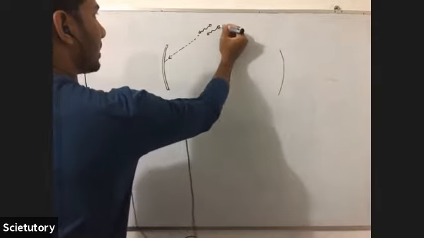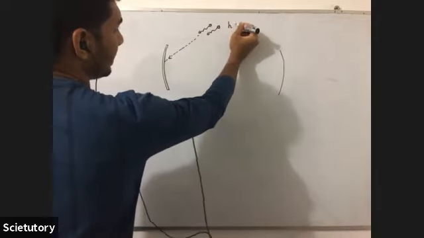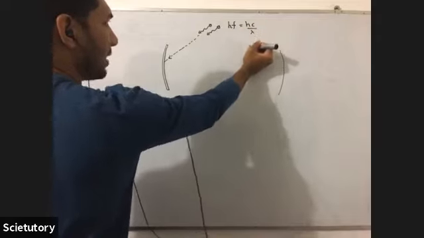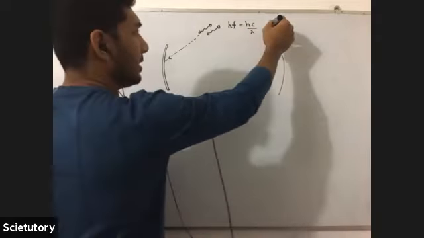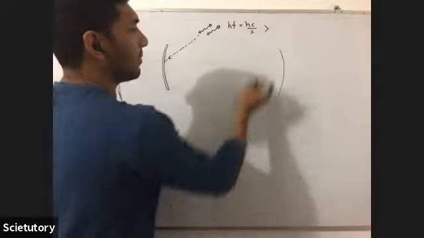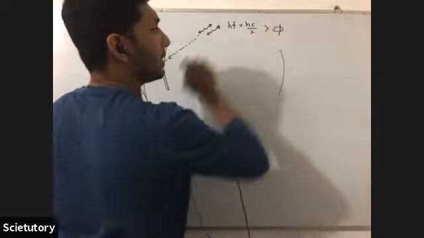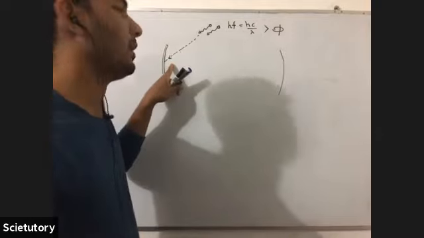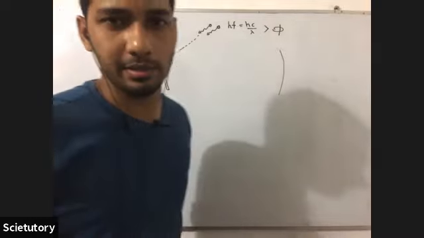These photons have a photon energy equal to hf, or it can be expressed as hc over lambda. If it is greater than the work function of that particular metal, they can actually remove electrons. The electrons will be emitted.